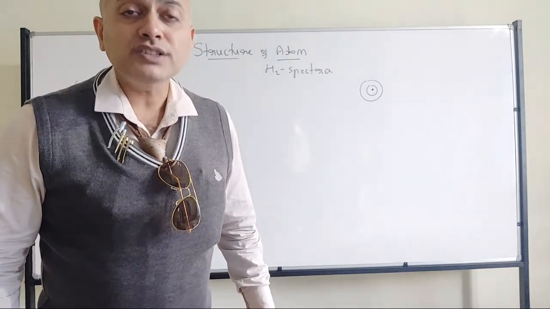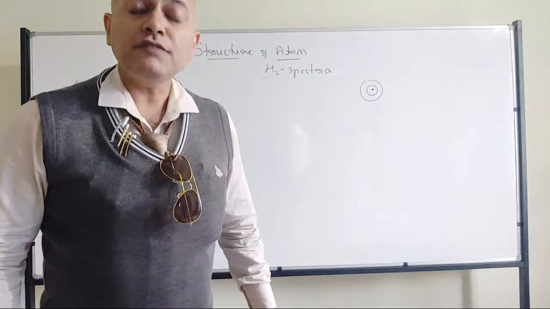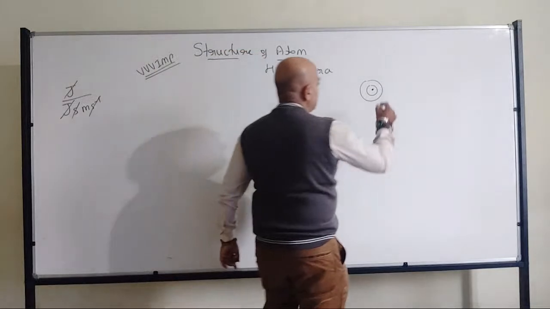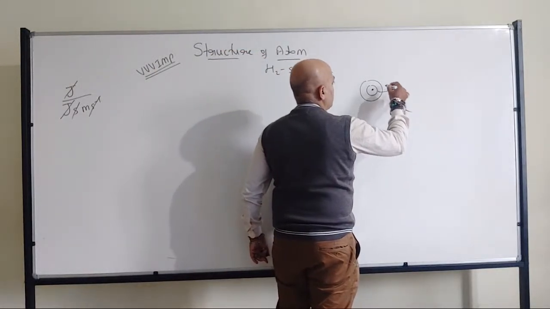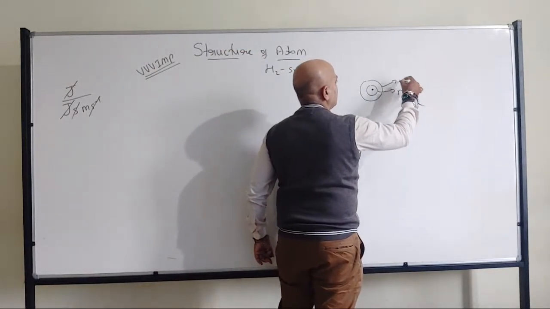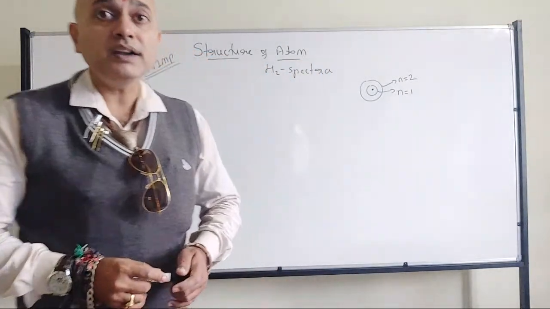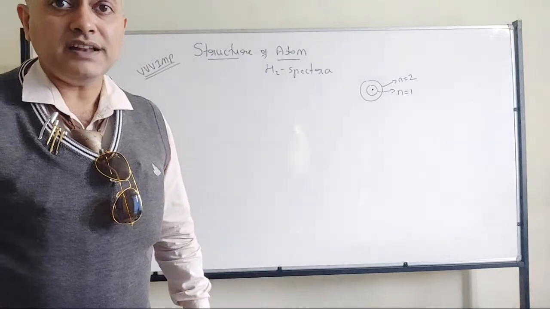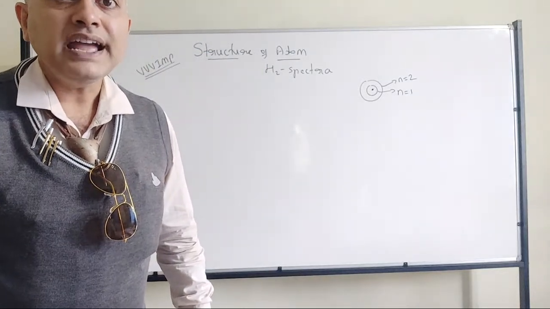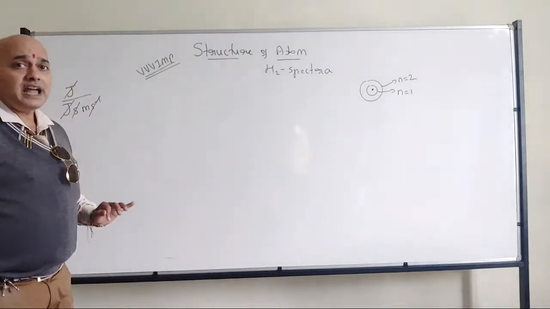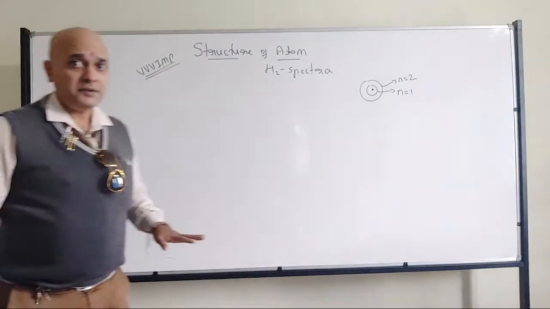Since those electrons have energy, they are called energy levels. These are represented by the n value. So small n is the number of the energy level.